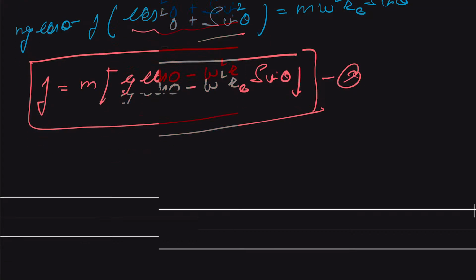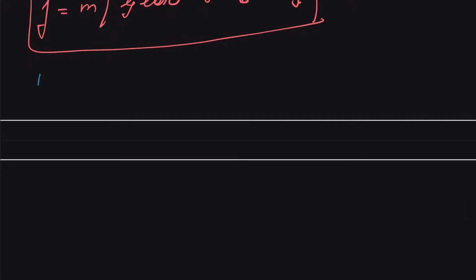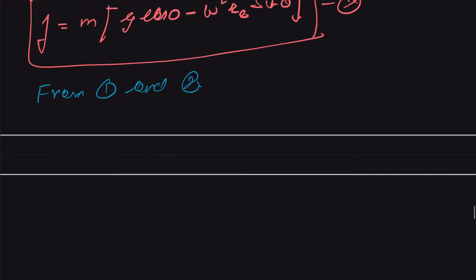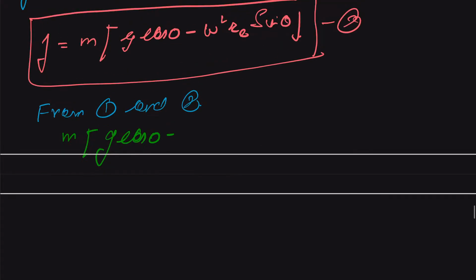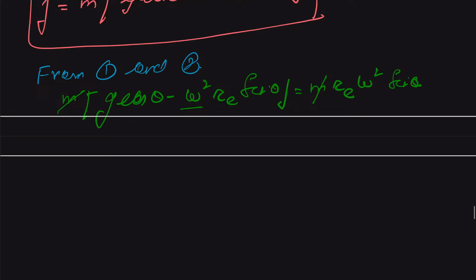So equating 1 and 2, from first and second, we get m, and this is g cos of theta minus omega square Re sine of theta is equal to m Re omega square sine of theta, and m we can cancel out immediately, and we are going to combine the terms of our omega square.